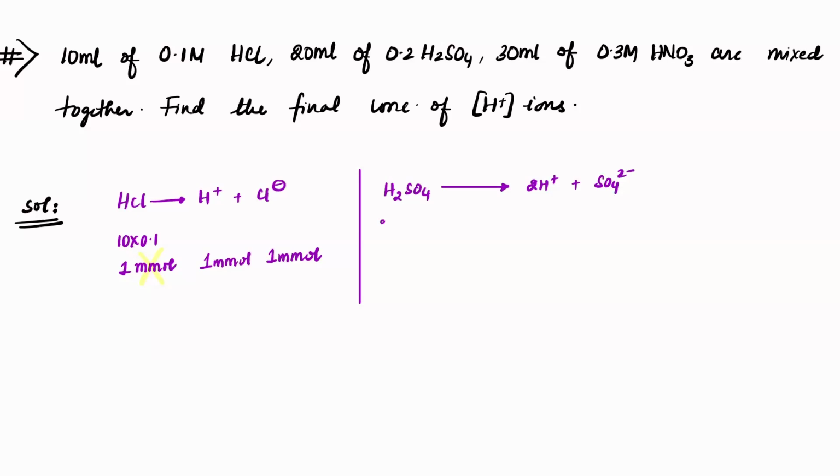Therefore, originally I have 20 into 0.2 millimoles, which makes it 4 millimoles. If I had 4 millimoles, that will be completely ionized to form 8 millimoles of H plus and 4 millimoles of SO4 2 minus. Clear?